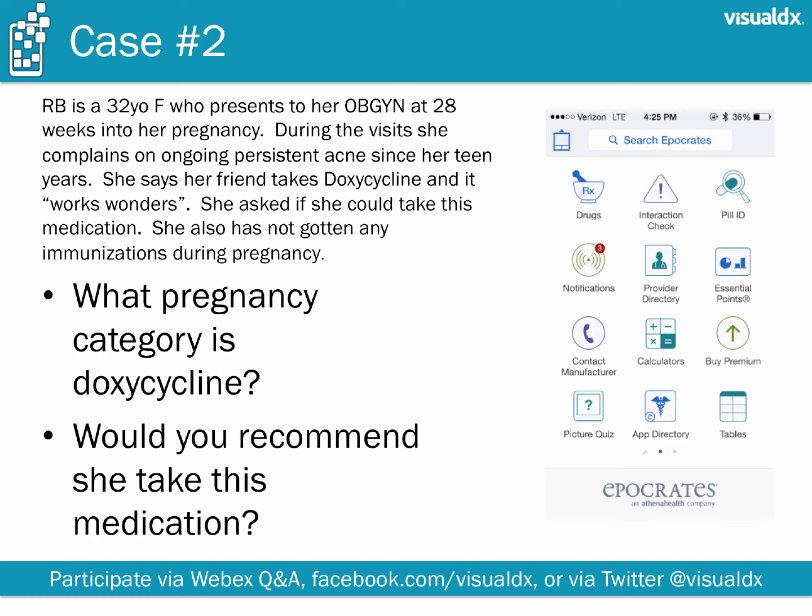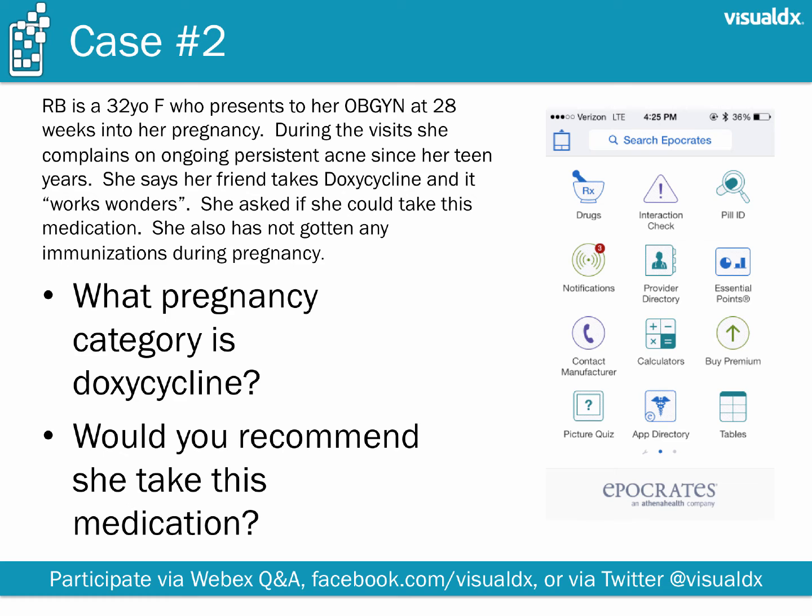She was wondering if she could take this medication, and she also has not gotten any immunization so far during her pregnancy. So this is for those that are in family medicine or OB care. You know, if you're still seeing pregnant women coming through, if you're in urgent care, obviously the questions come up quite considerably. If a person's pregnant, what kind of medications can they usually safely take? The answer usually is not many, but that being said, there are apps out there for this.